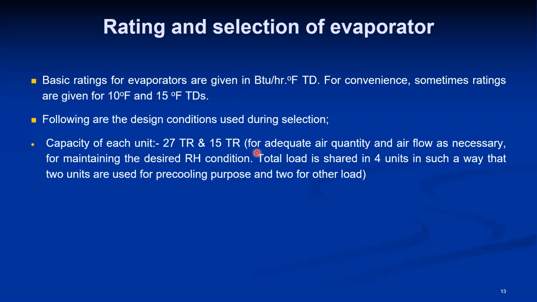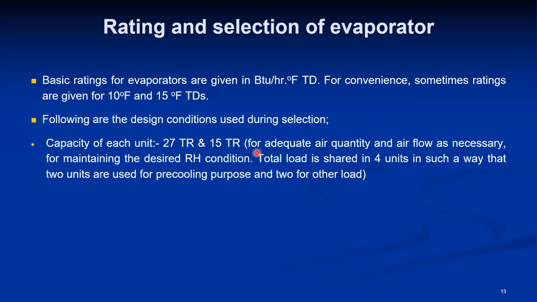used during selection. So capacity, as we have already decided, 27 and 15 TR capacity evaporator, close to that. We need to select for adequate air quantity and air flow as necessary for maintaining the desired RH value.